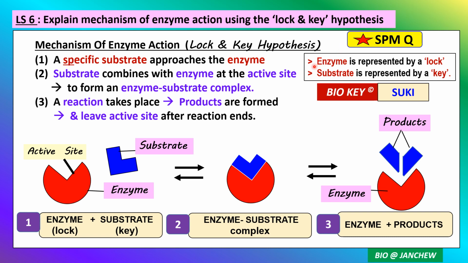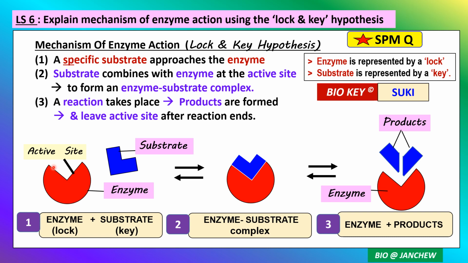Now first we must mention that the enzyme is represented by a lock and the substrate is represented by a key. Okay, as you can see in this picture, the enzyme is the bigger molecule and it has a depression or active site, just like a lock has a hole in it, alright, for the key to fit inside.